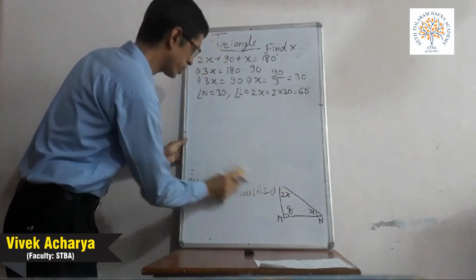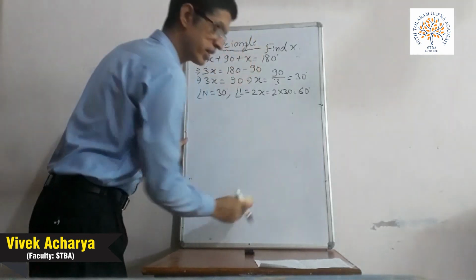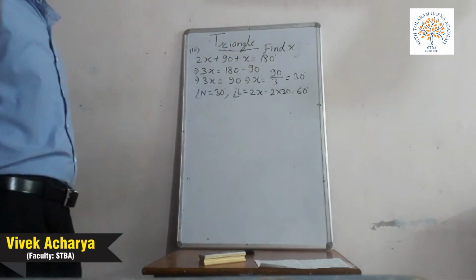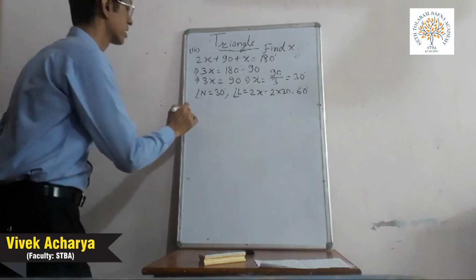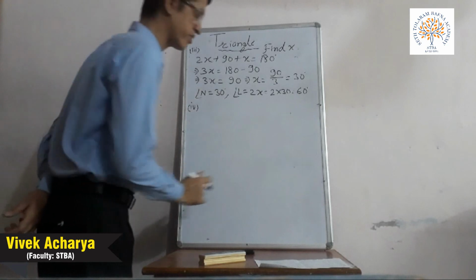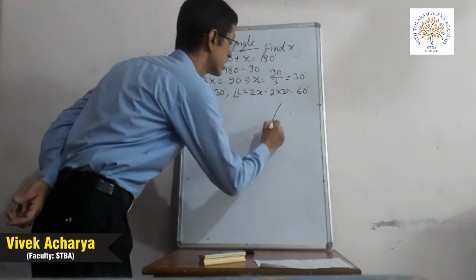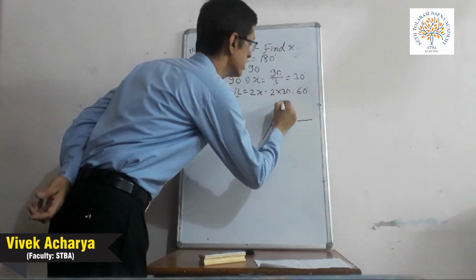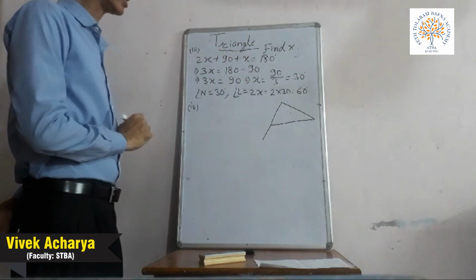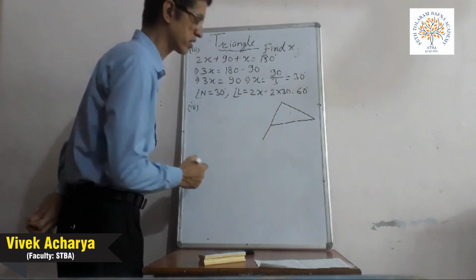Now I am going to explain to you questions based on the exterior angle property. You can see here, question number 4. If I draw a figure, a triangle, I draw it there and I extend one side of the triangle here.